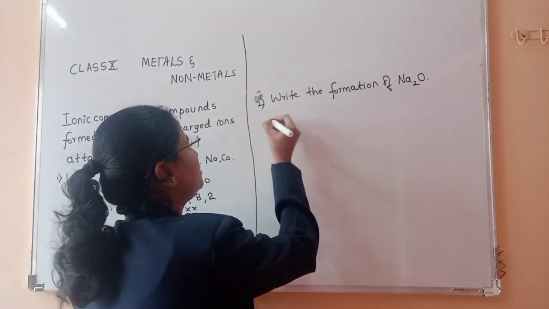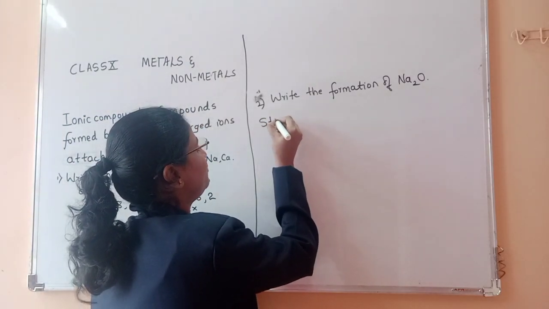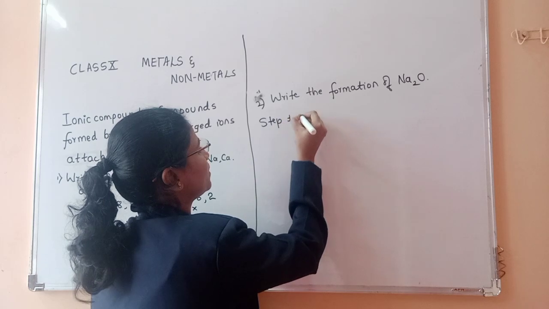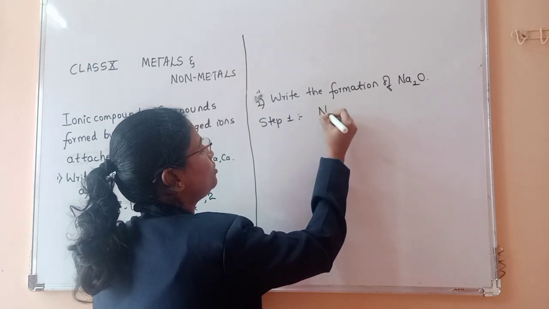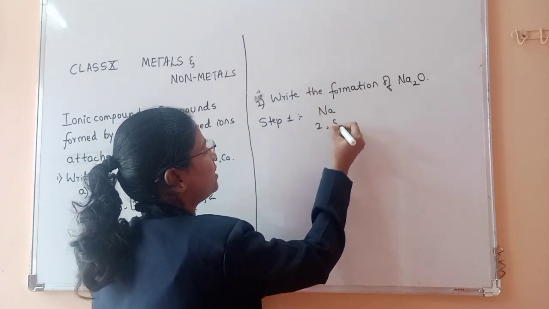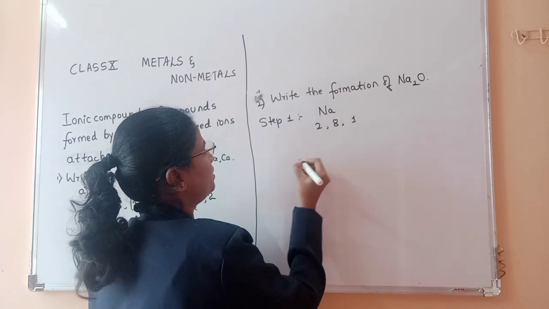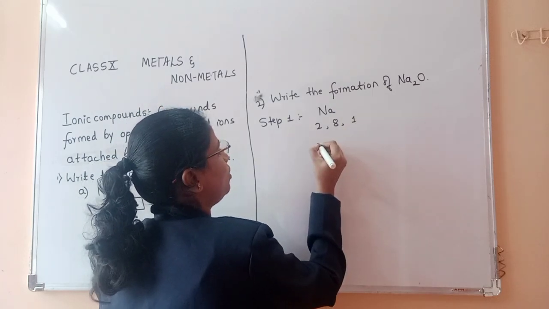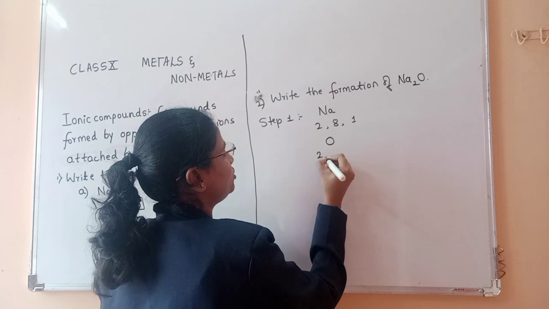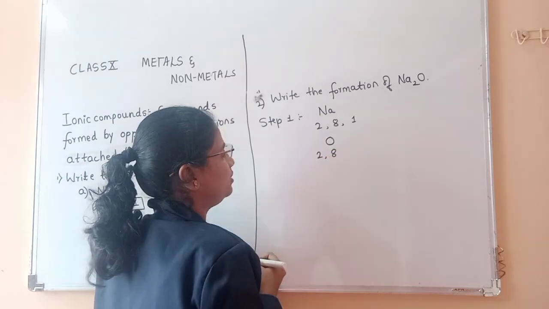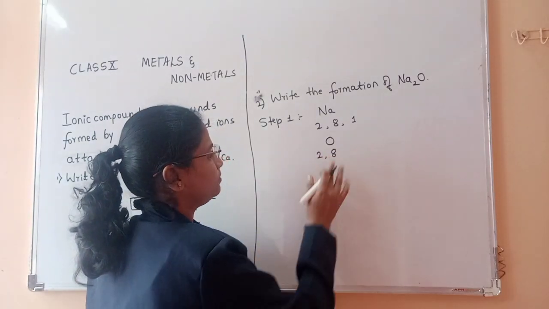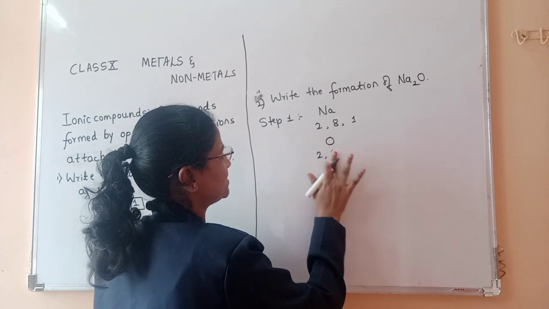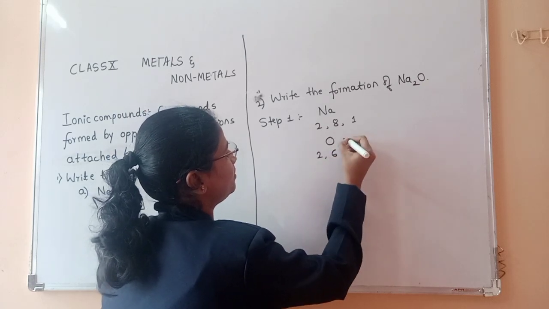Now, the first step is step 1. Sodium electronic configuration is 2, 8, 1, and its atomic number is 11. Similarly, oxygen electronic configuration is 2, 6, and its atomic number is 8.